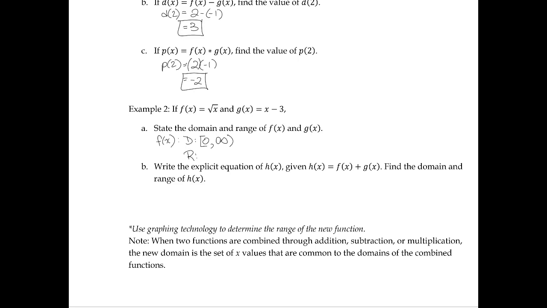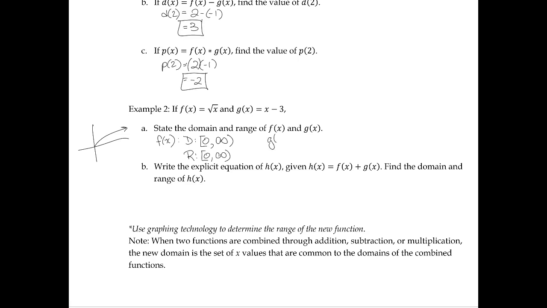My range then would also be starting at 0, because the square root of 0 is 0, and would extend to positive infinity. Now, if you remember what the graph looks like very vaguely, it kind of looks like this. It looks like it plateaus. It's just very slowly increasing, but it is still increasing, so I can still say positive infinity.